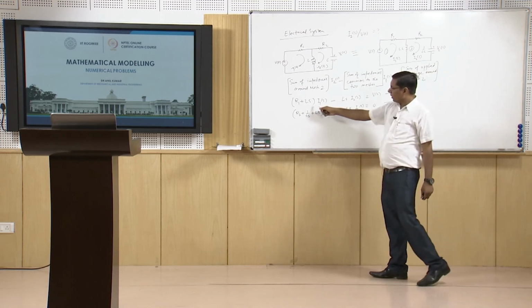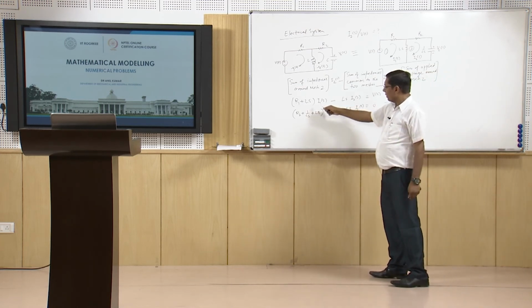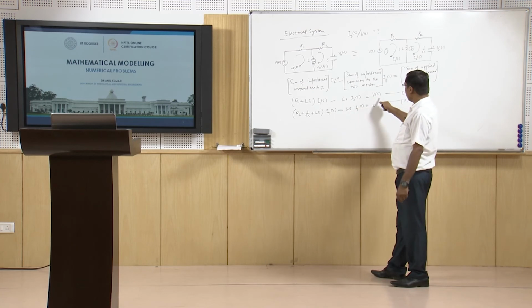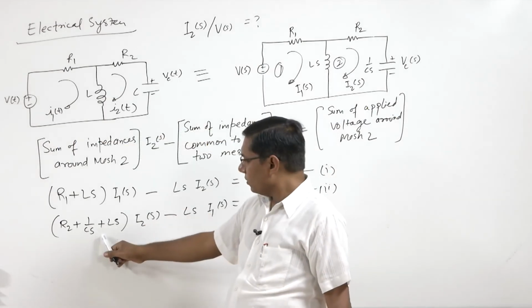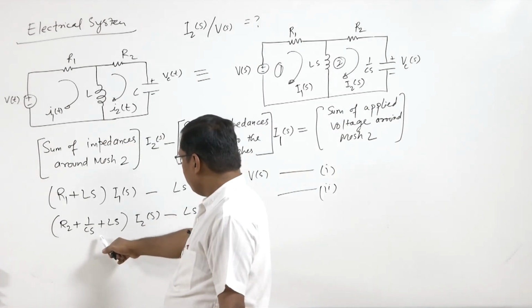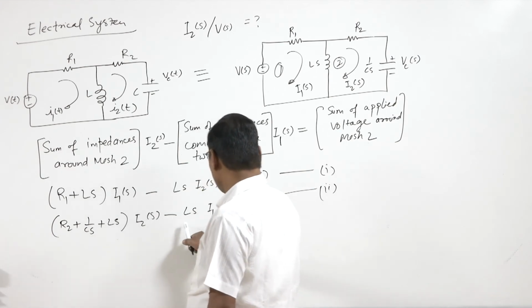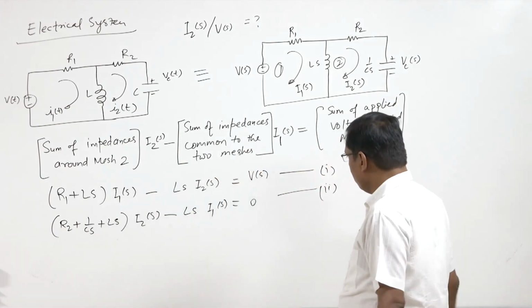Again we can apply Cramer's rule, because this is A1 x1 plus A2 x2 equal to B1, and C1 x1 plus C2 x2 equal to B2.